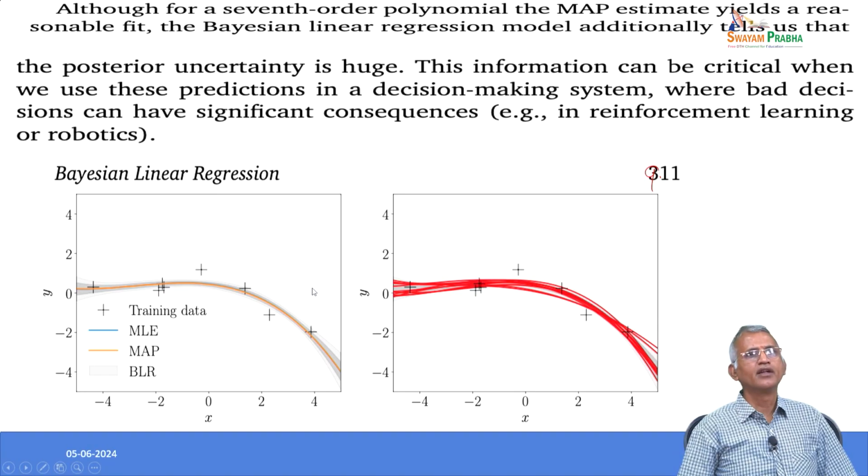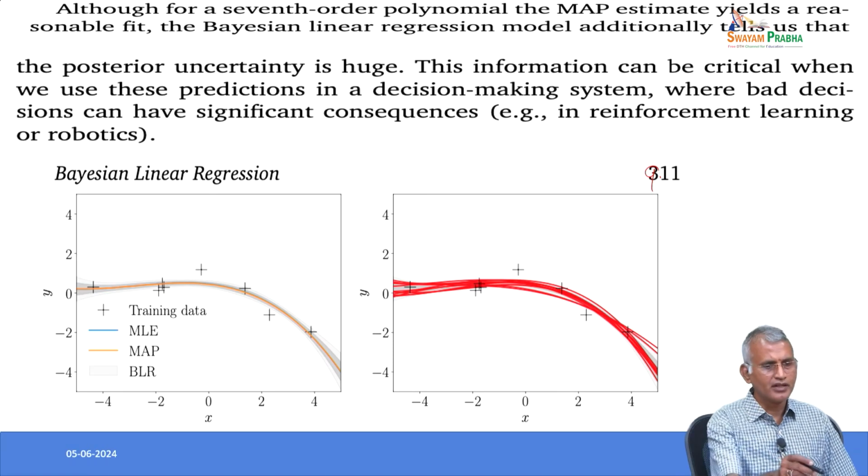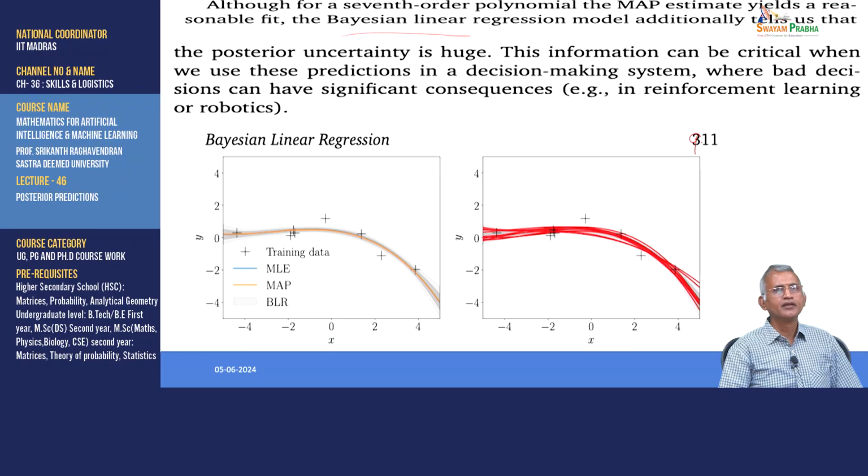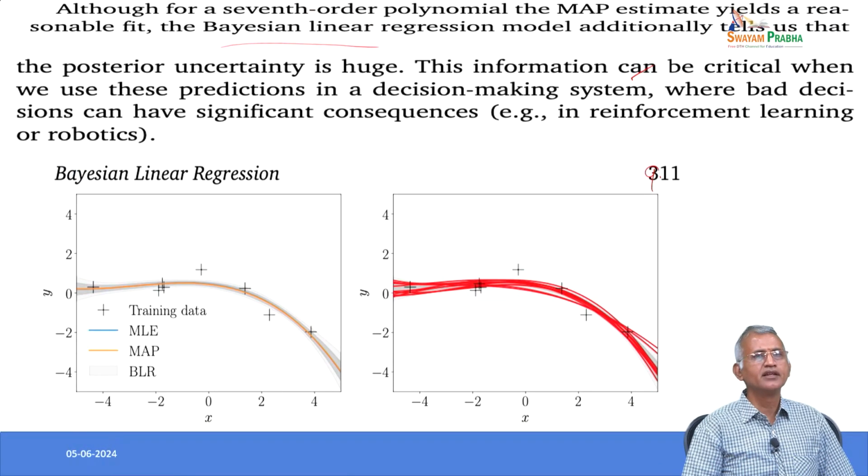Although for the 7th order polynomial the MAP estimate yields a reasonable fit, the Bayesian linear regression model additionally tells us that the posterior uncertainty is huge. This information can be critical when we use this prediction in a decision making system, where bad decisions can have significant consequences, for example in reinforcement learning or robotics.